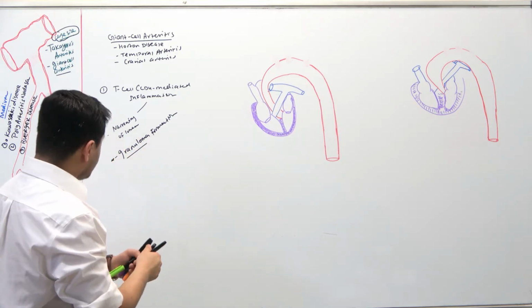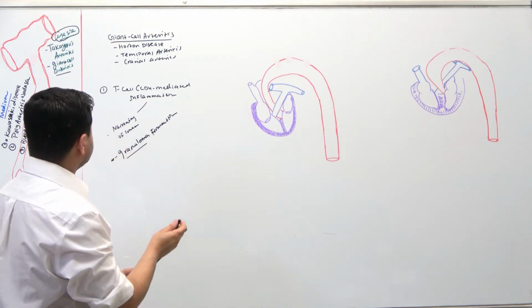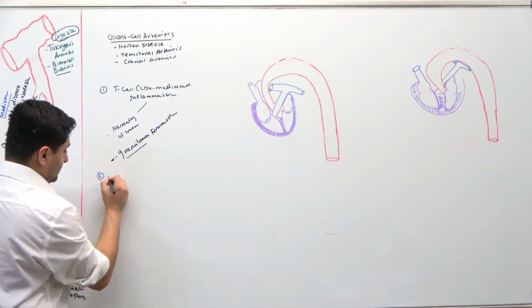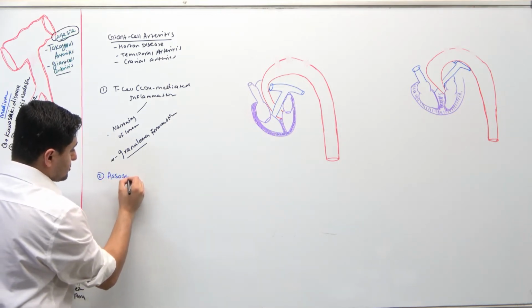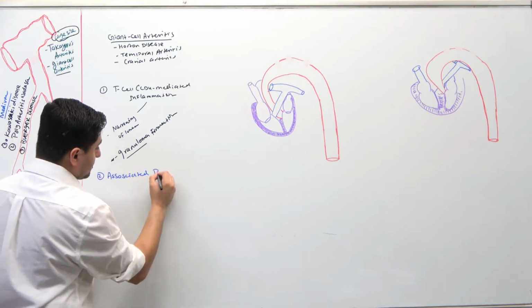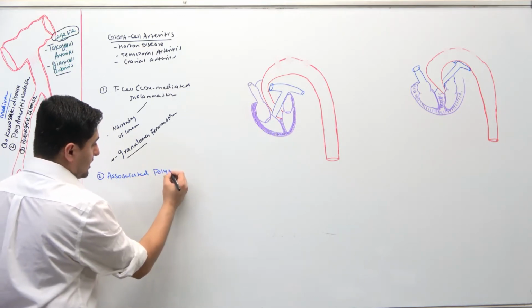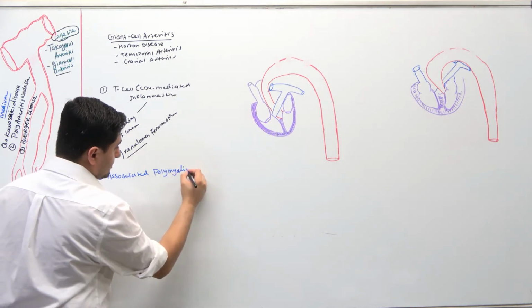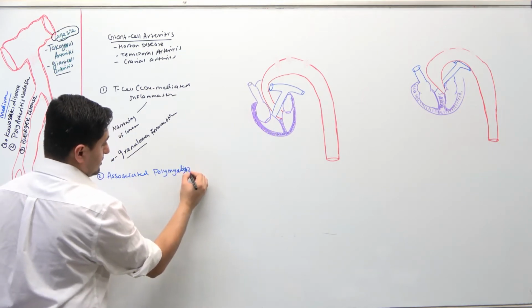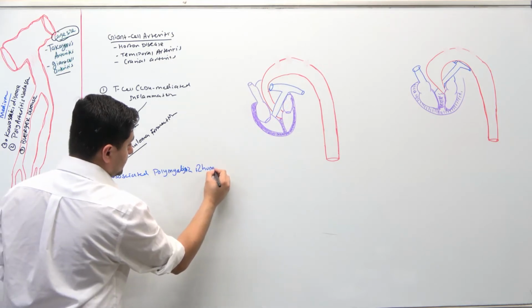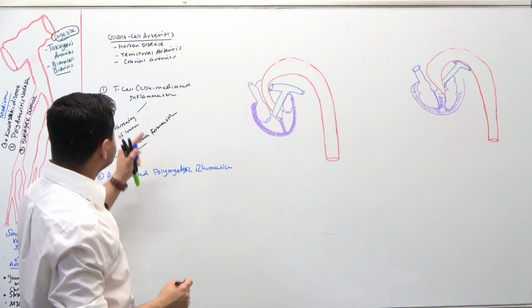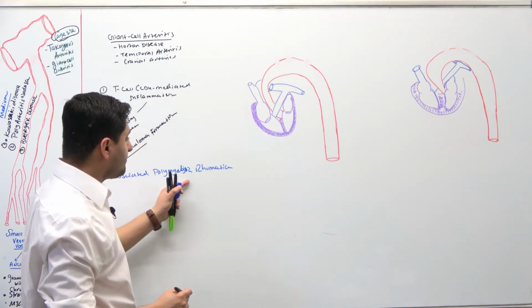Another thing you should remember is that giant cell arteritis is heavily associated with something called polymyalgia rheumatica. It's very, very important. Most of the time, this disease is associated with polymyalgia rheumatica.